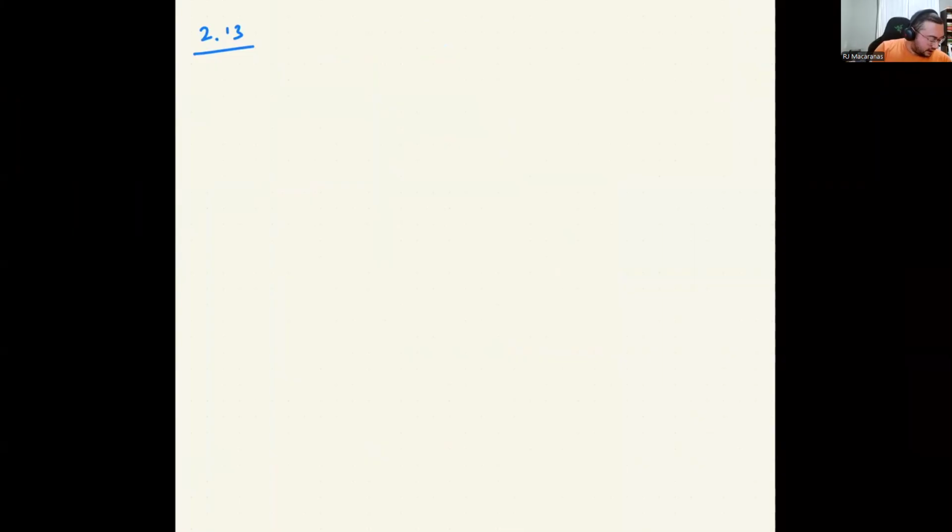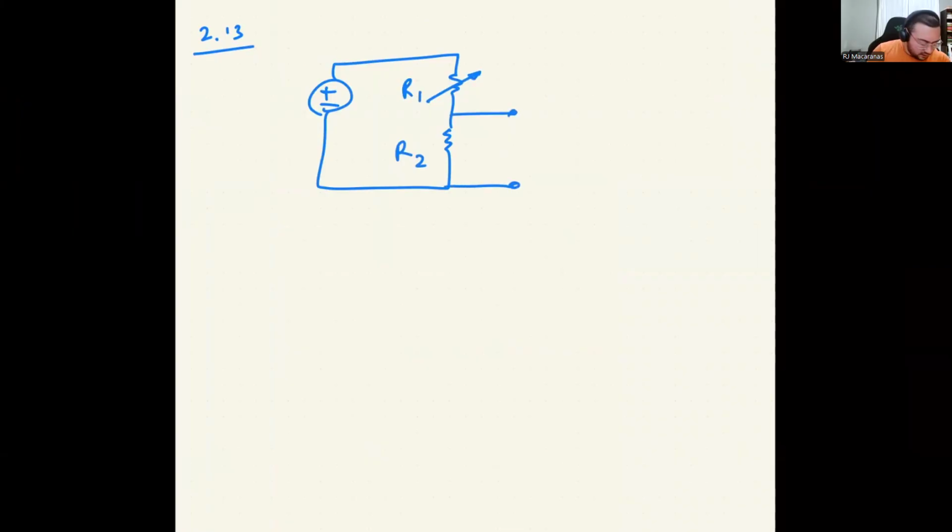All right, for this one we're looking at a voltage source, and we've got a variable resistance up top and a fixed resistance here, and we're interested in this voltage V2. So we've got a source voltage here, and I don't really want to work this question out too much.